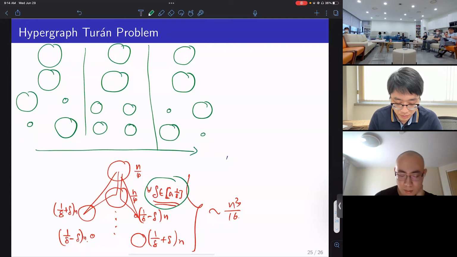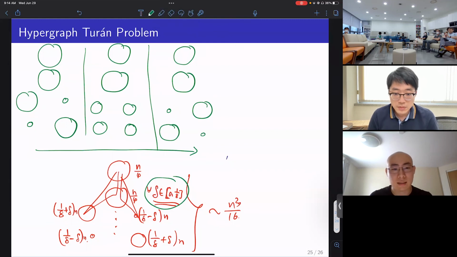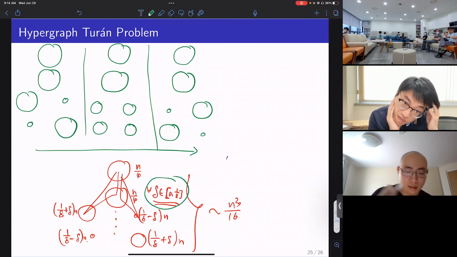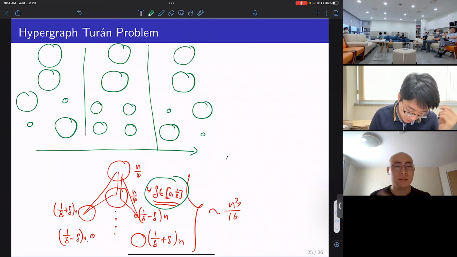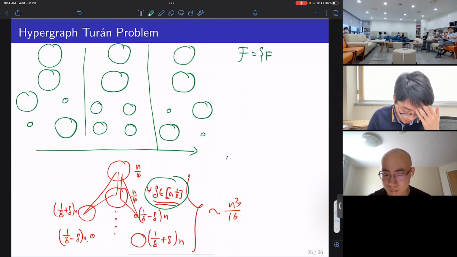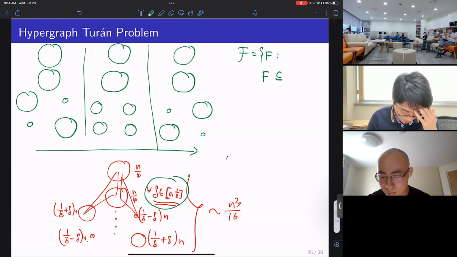So this is what happened. You can take any blow up of this 6-vertex 3-graph, and it will be our extremal construction. So now you have infinitely many extremal constructions. As for the forbidden family, you can forbid any 3-graph that does not appear in these constructions.